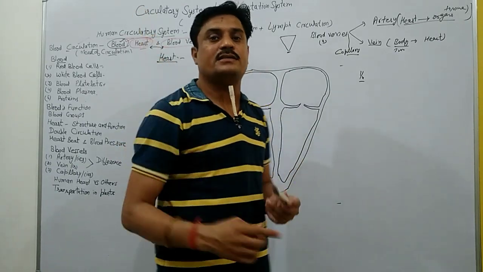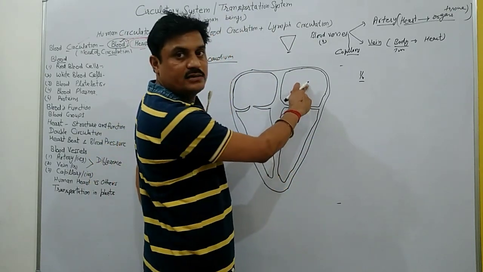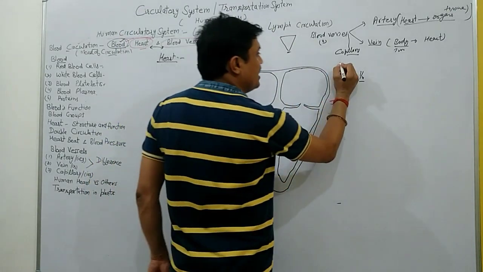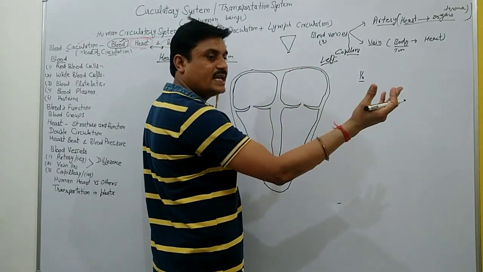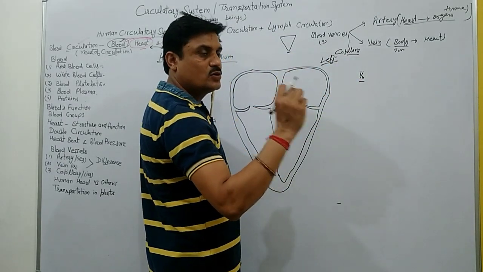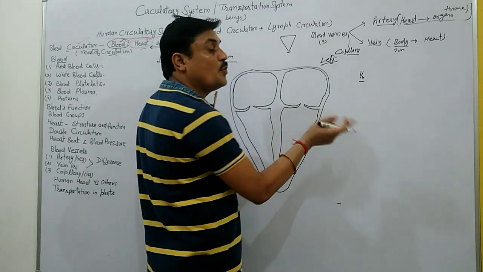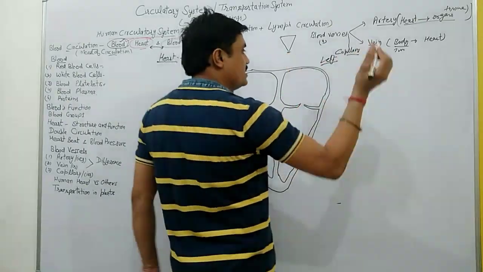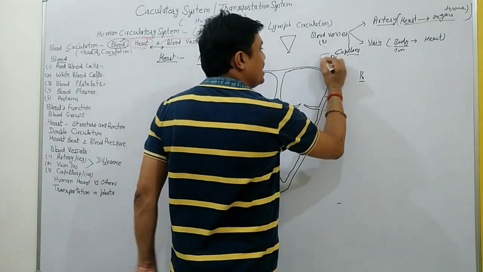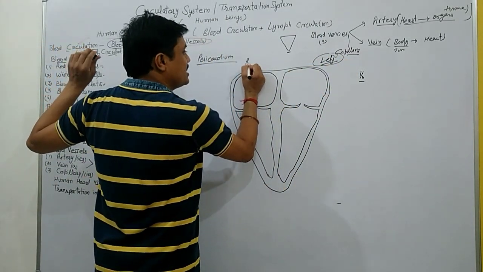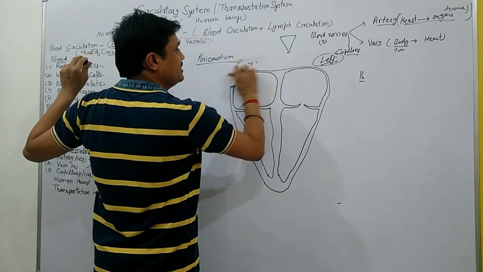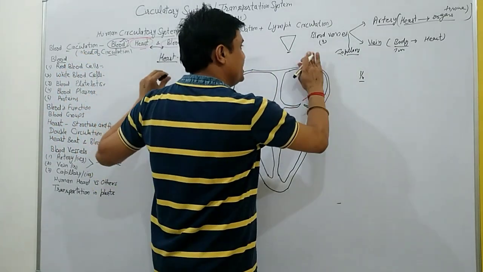Say this is my right hand side, then in the diagram this part is the left side of the heart, and this is the left hand, so it is the right side of the heart.